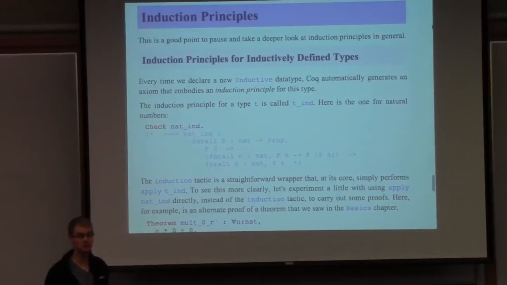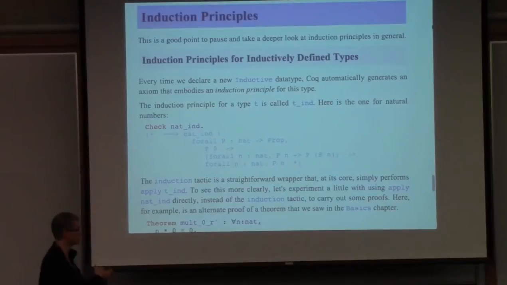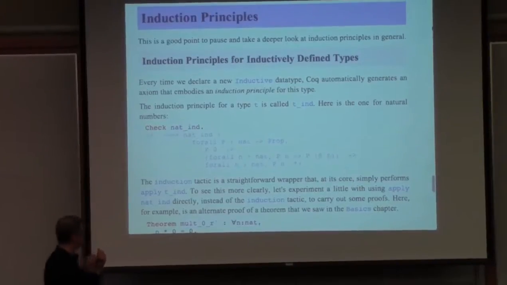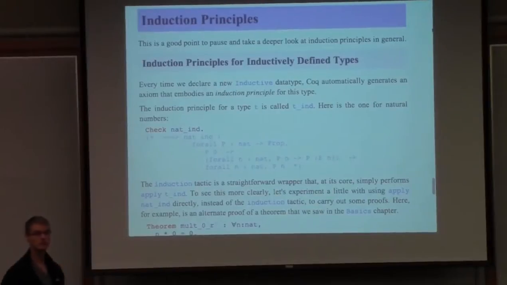It's just a proposition. In fact, it's this proposition. It says, for all p, if we have a proof of the zero instance of p, and if given a proof for the n instance of p, we can build a proof for the n plus 1 instance of p, then p holds for all numbers. Okay, so this is the standard induction principle for natural numbers.